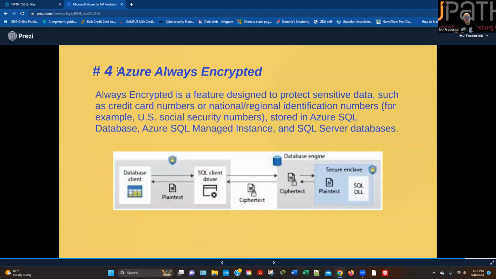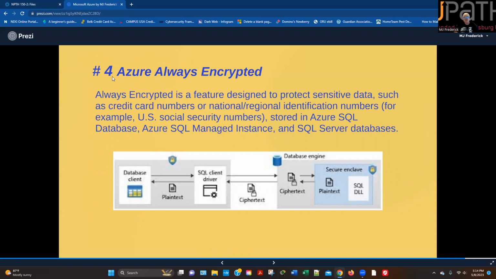Now, the fourth one is called Azure Always Encrypted. We want to always make sure that the data we're working with is always encrypted. It's always gone from plain text to ciphertext, or hashed, or whatever we have to do in order to protect that information so that somebody else can't see what it is. So in Azure AD, you can do Always Encrypted.